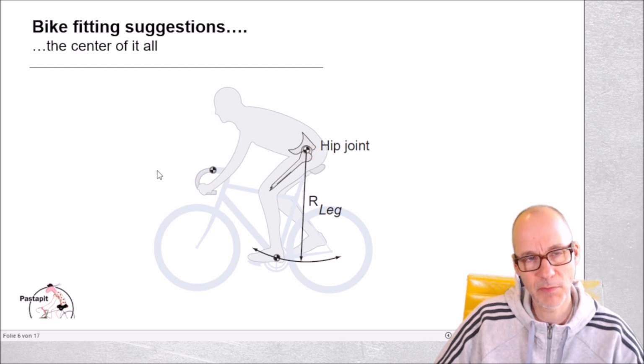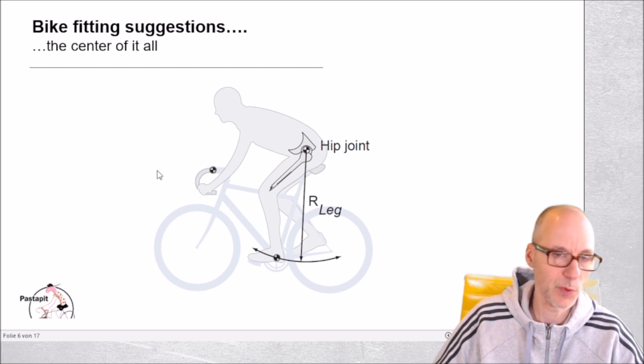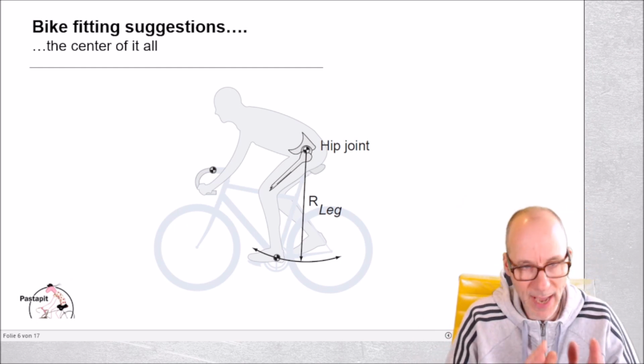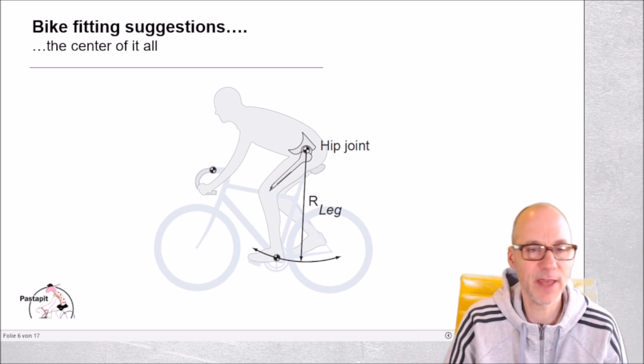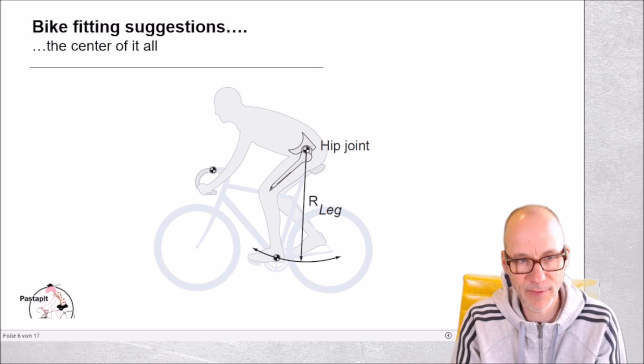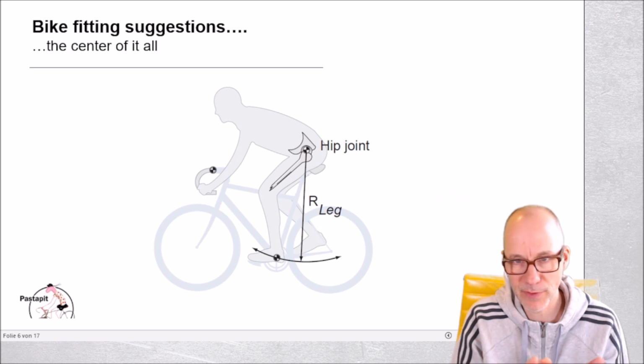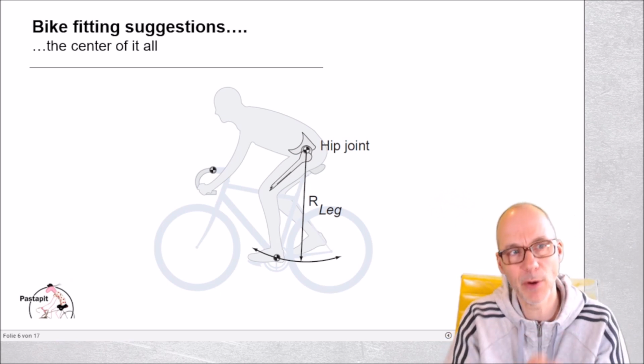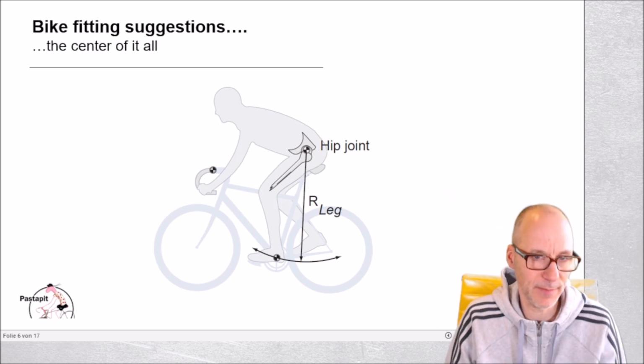So the best idea in my eyes would be to get away from this bike frame world and focus on the human being, and get familiar with the idea of moving the lower body and the upper body independently.